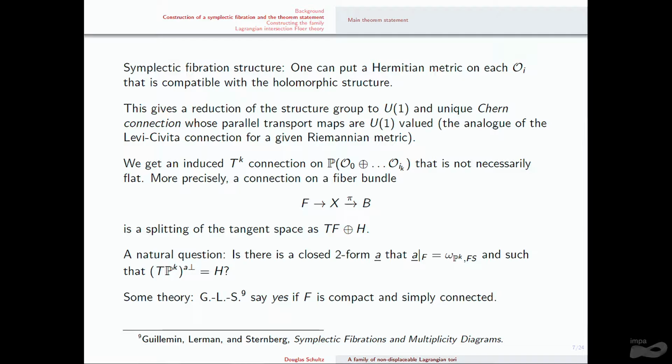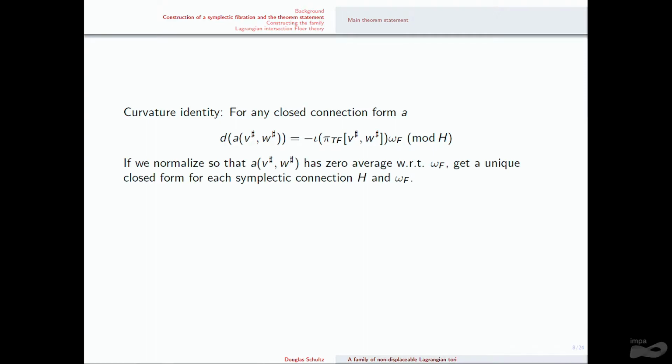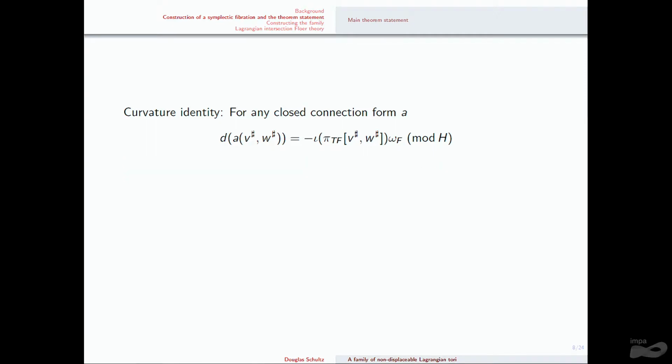Parallel transport in H is a symplectomorphism, so the holonomy around any loop is always a symplectomorphism. And so the construction of that: for any closed connection form A, for a symplectic connection, you have this curvature identity.